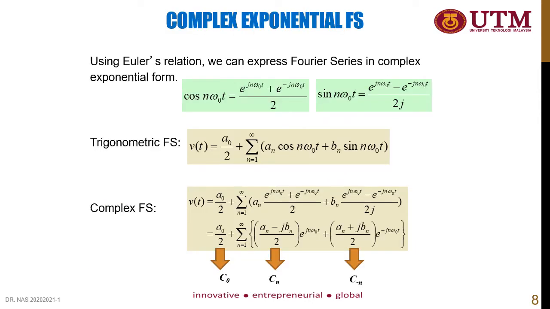Okay, in this course, the Fourier series can be represented simply by using a Fourier coefficient table, in which you will have the coefficients C0, Cn, and C minus n from the table. Then you can derive the equation for the complex exponential Fourier series.